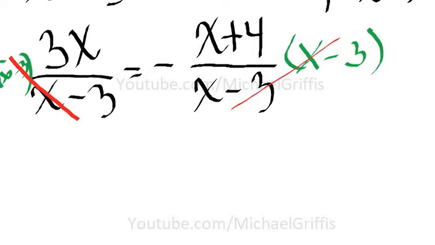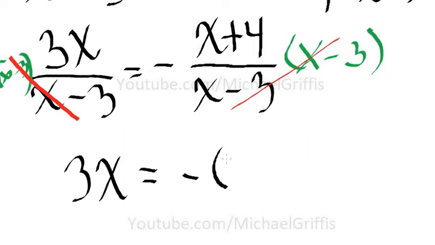And now what are we left with? 3x is equal to negative. Now, this is where you got to be careful. You better put a parentheses around this x plus 4. Okay, you got to do that.